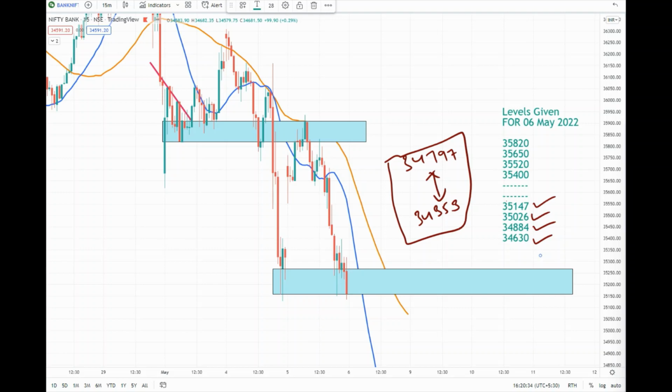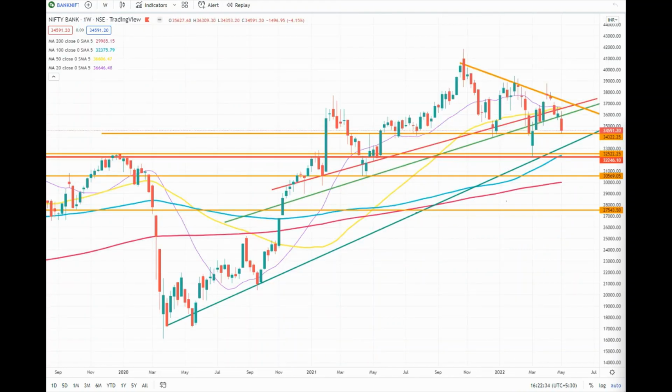Let us now move to a larger time frame chart of Bank Nifty. On the weekly time frame chart, so far these two lines were acting as supports, and this green line is now comfortably broken on a weekly time frame, with a temporary support at 34,332, from where some recovery is seen in intraday action.